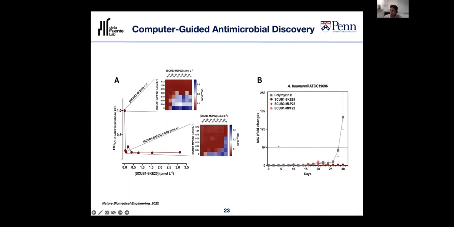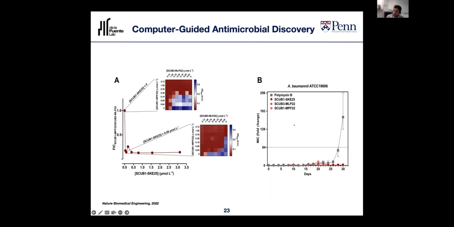And then the other thing that I thought might be interesting to share is that, of course, when you're trying to develop a new antibiotic, you want to make sure that the target doesn't readily develop resistance to your antibiotic. And the target in this case is bacteria. So here I'm showing results from a resistance development assay where we continuously expose this gram-negative bacterium, A. baumannii, to a conventional antibiotic, polymyxin B, that is used in hospitals, and 3 of our encrypted peptides.